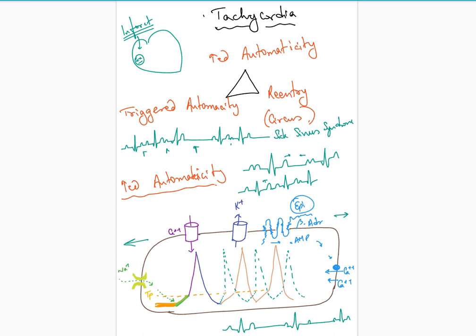If calcium enters, the cell is again loaded with positively charged cations, so the graph keeps moving upward until the calcium channel closes. Now this is called depolarization.